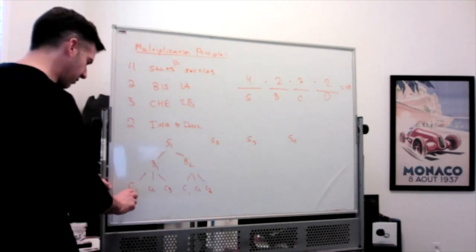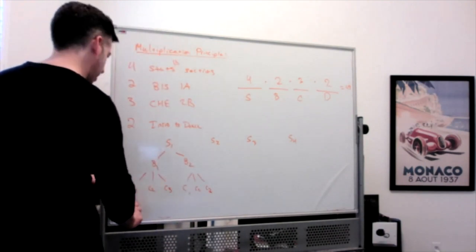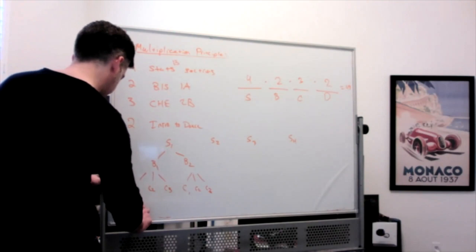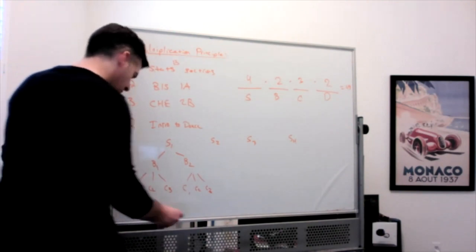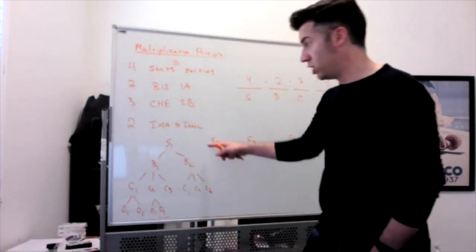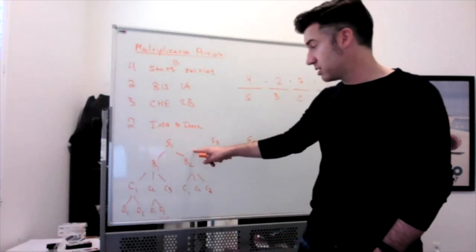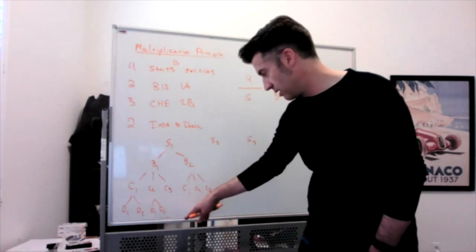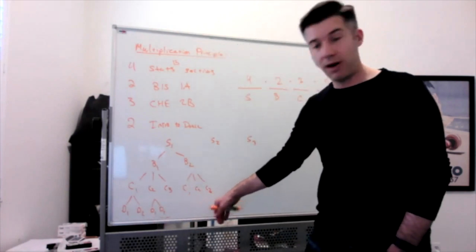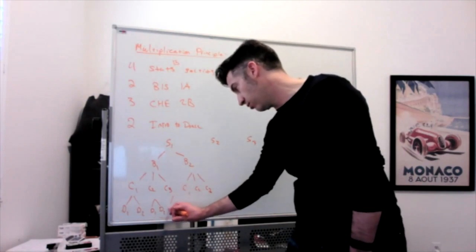And then for each possible section of chem, you can pick the first section of dance or the second section of dance. And so you can see, for just this first section of stats, there's going to end up being 2, 4, 6, 8, 10, 12 possible different schedules I could come up with.